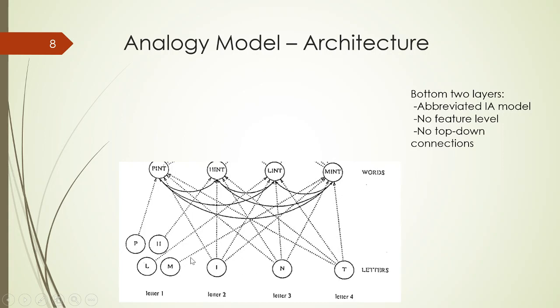Okay, so we are assuming that, for example, the position 1 P node shares an excitatory connection with the pint word node, just as you would expect.